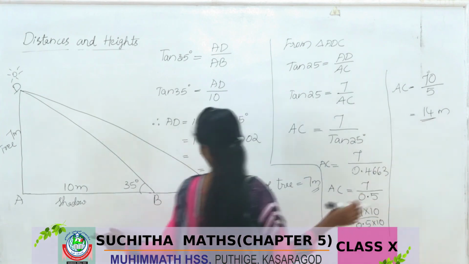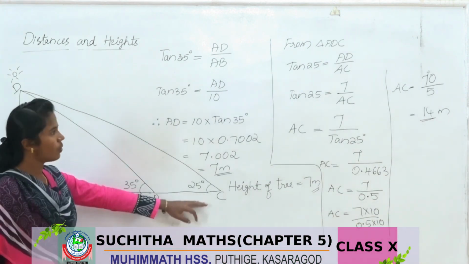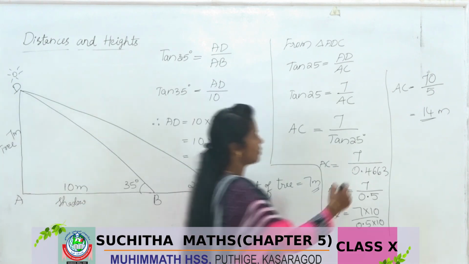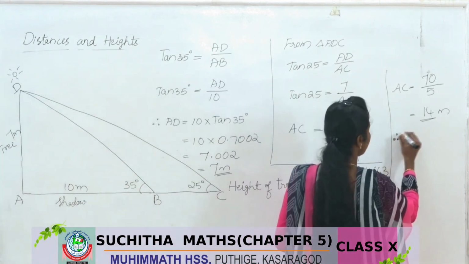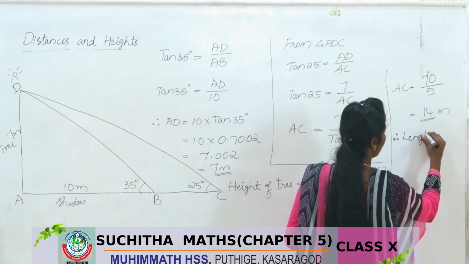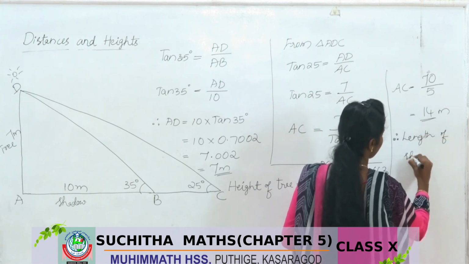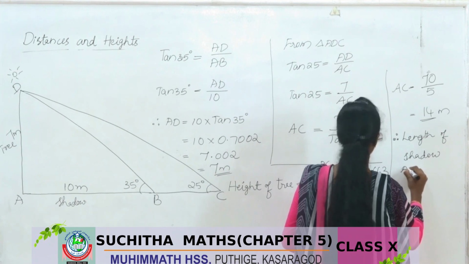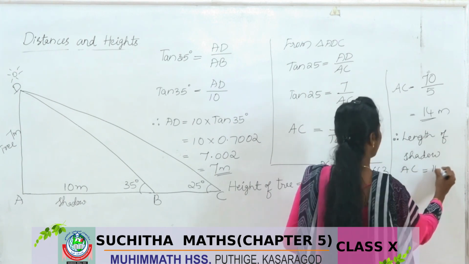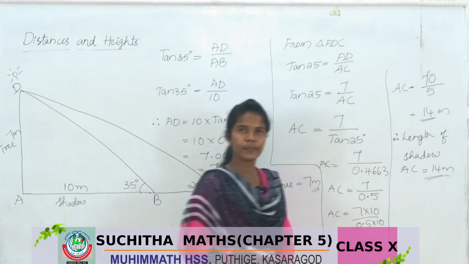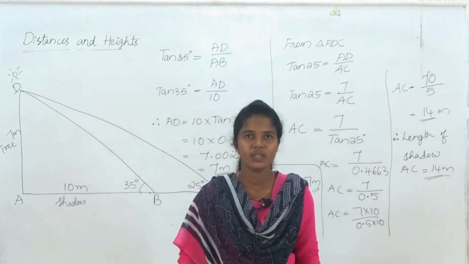That is, the length of AC is 14 meter. Therefore, the length of the shadow AC equals 14 meter. Okay students, that's all in today's class.